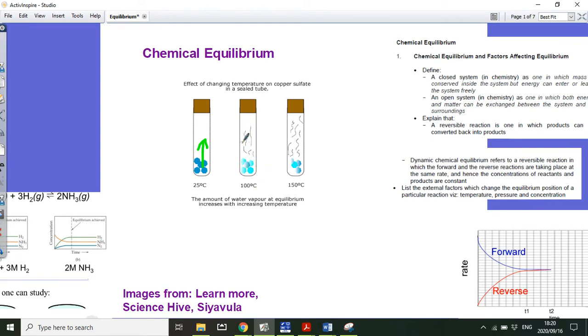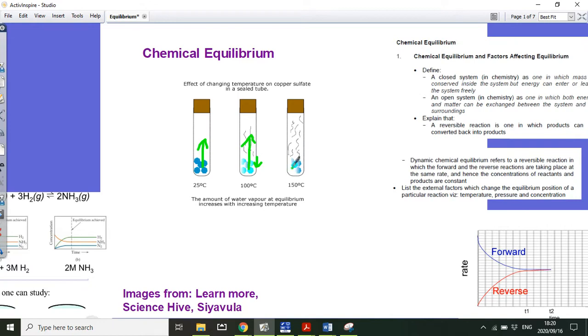So now there's water vapor trapped in this area and there are blue crystals. Now, in the beginning, only the forward reaction happens because there's still a lot of water trapped here that could escape. And it happens fast. Then in the beginning, the reverse reaction happens slowly, so it's a short arrow.